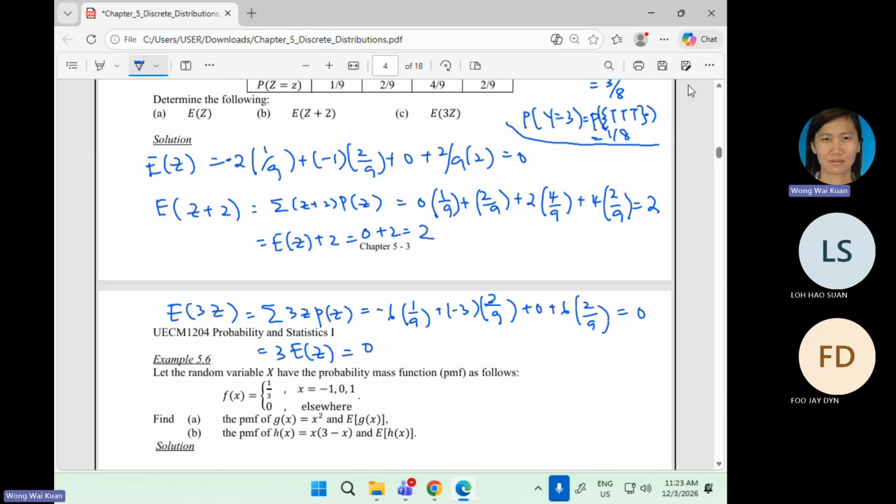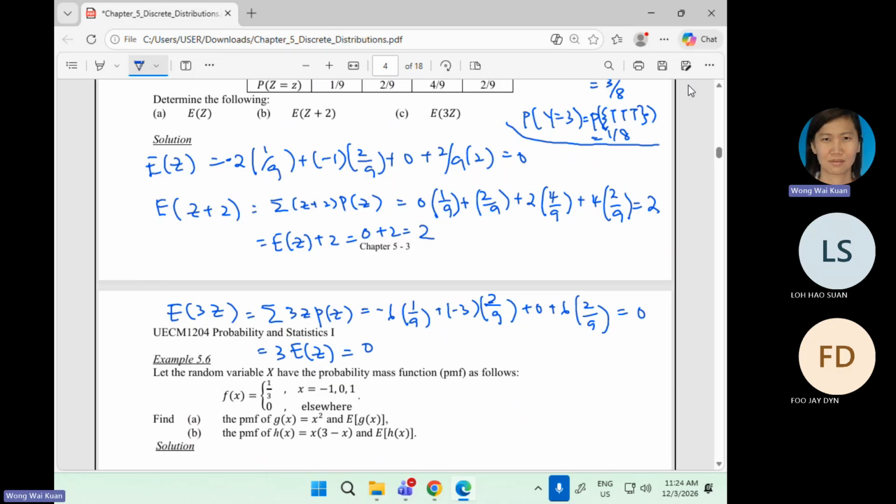Okay. Example 5.6. Let the random variable X have the probability mass function as follows. So this is 1 over 3 when X is negative 1, 0, and 1. But now, find the PMF for g(X), where g(X) is X squared, and the expected value of g(X).